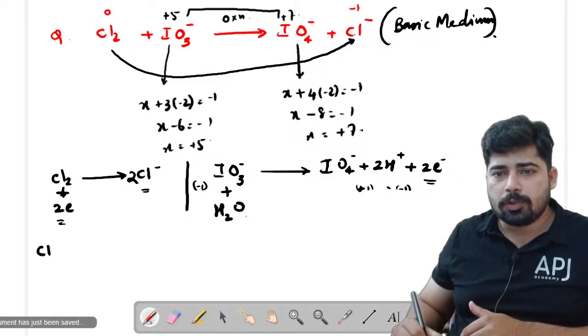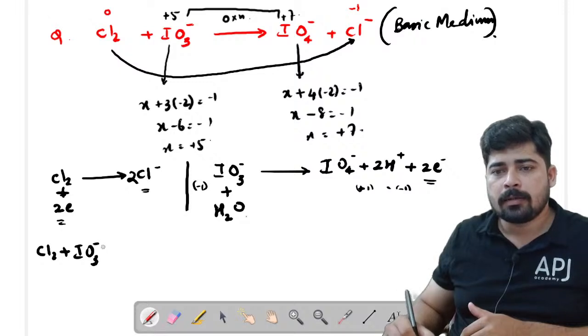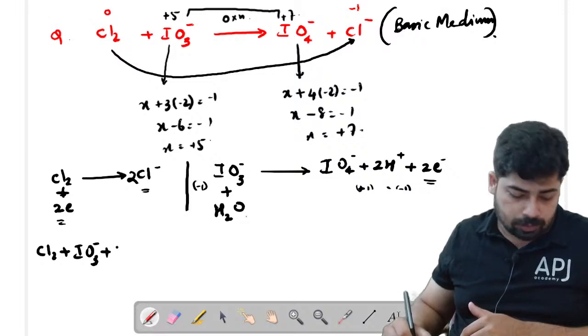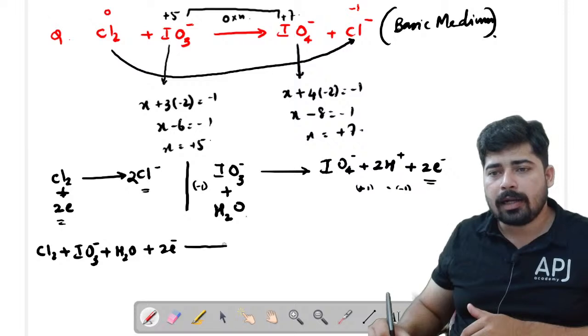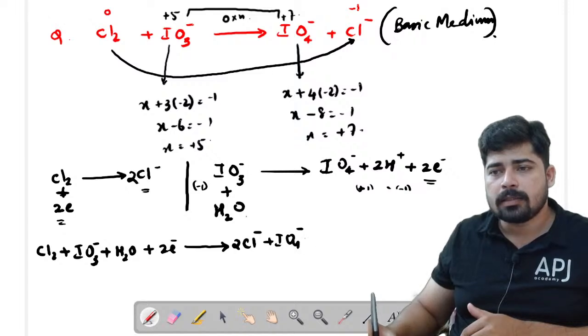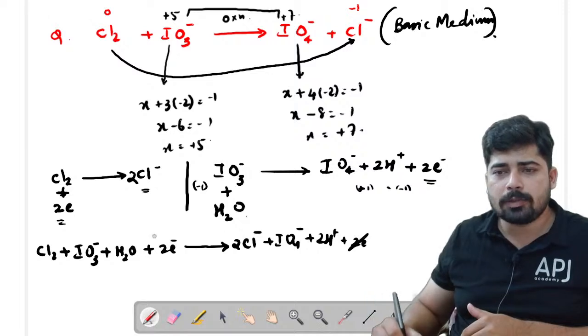So Cl2 plus IO3- plus H2O plus 2 electrons on the LHS side, and adding the RHS, we get 2Cl- plus IO4- plus 2H+ plus 2 electrons. Cancel the 2 electrons.